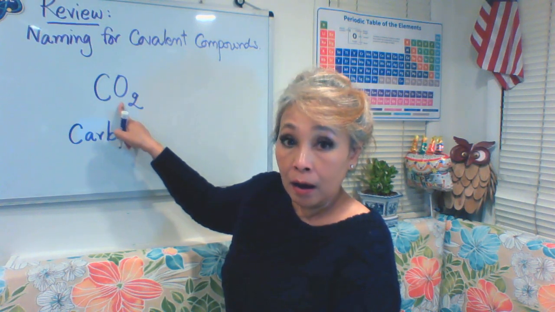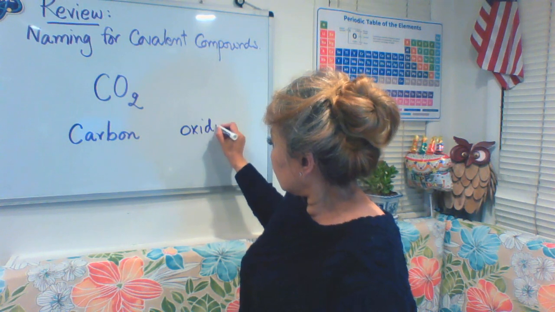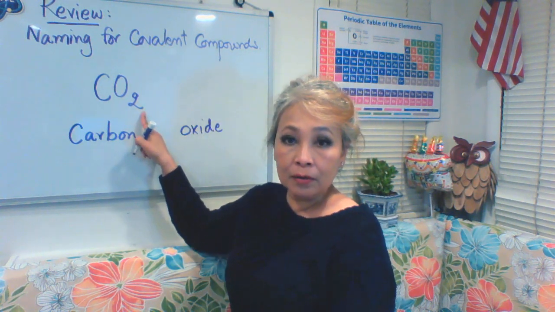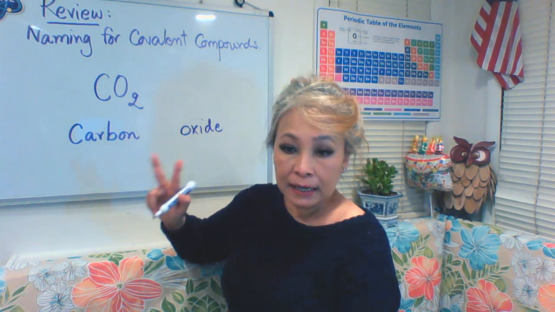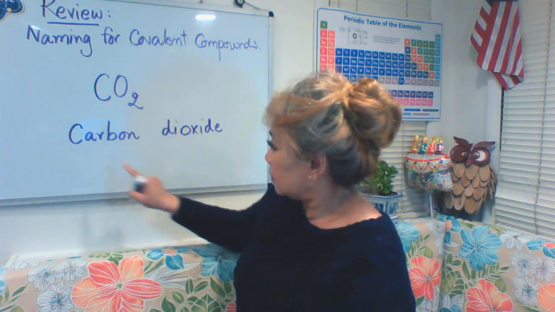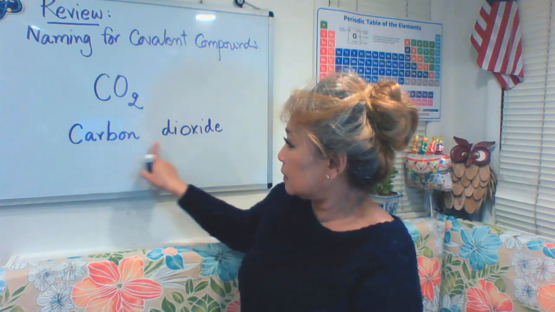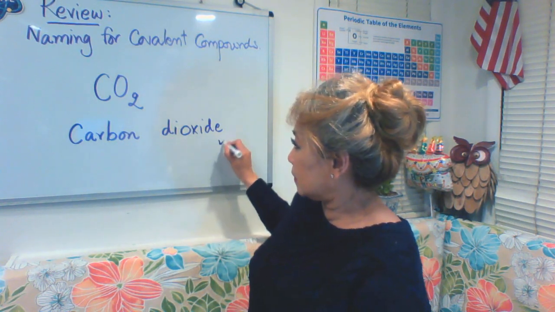O is oxide. Write down. How many O? 2. What is the prefix for 2? Di. The name of CO2 is carbon dioxide.